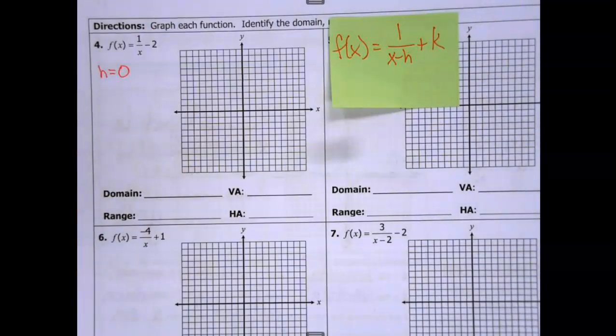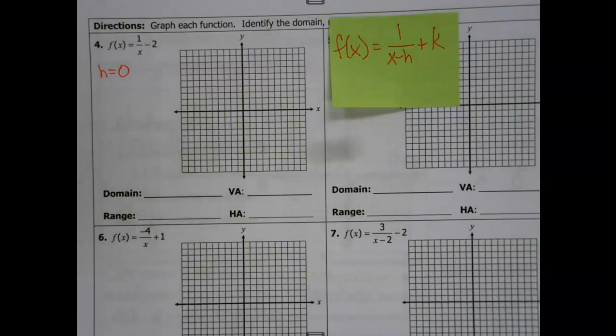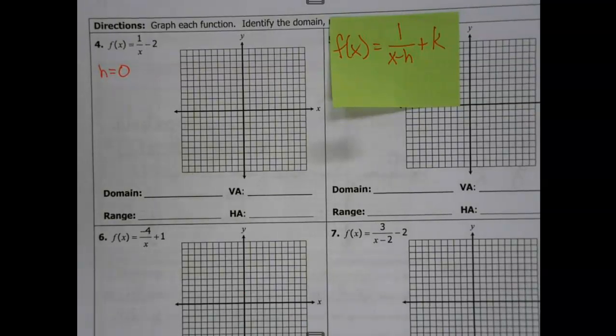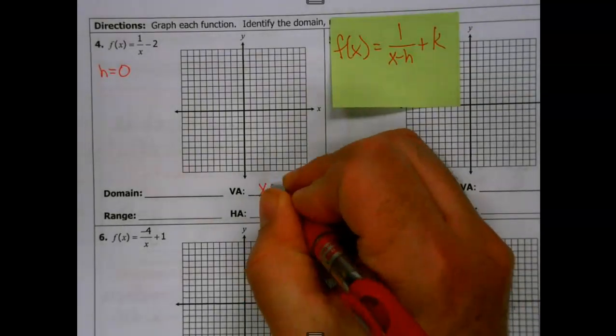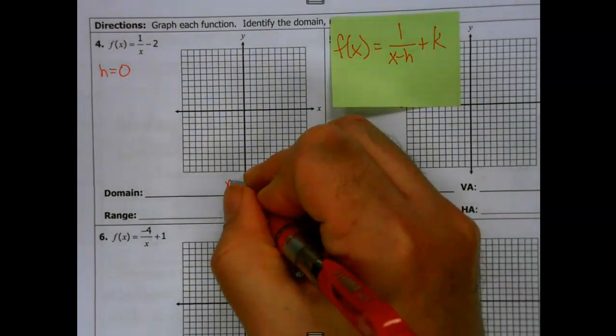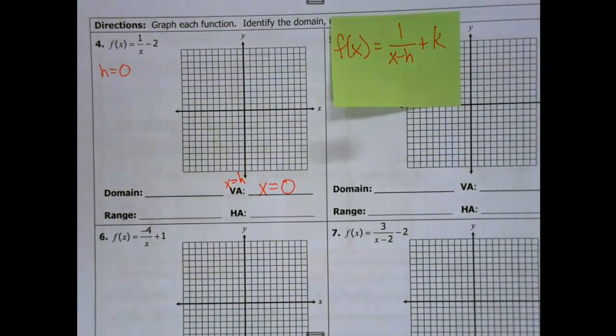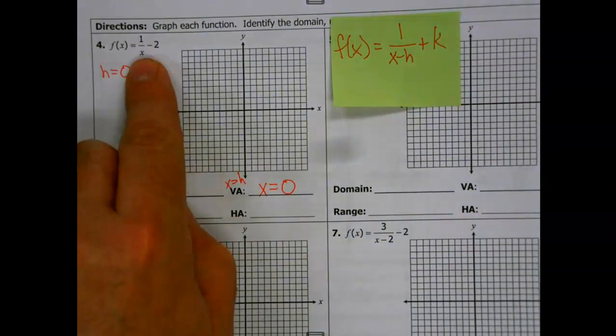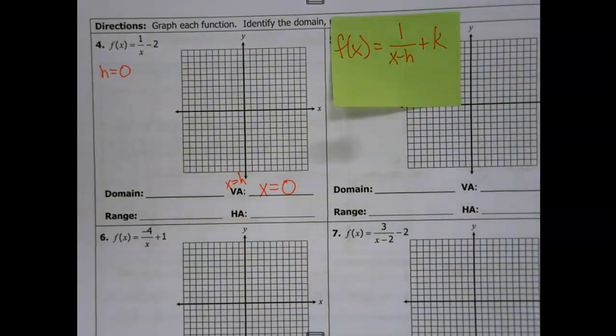Okay? So here, my h value is 0, which means my vertical asymptote is at 0 because x equals h. If there's nothing down here, we put 0. We don't put none.